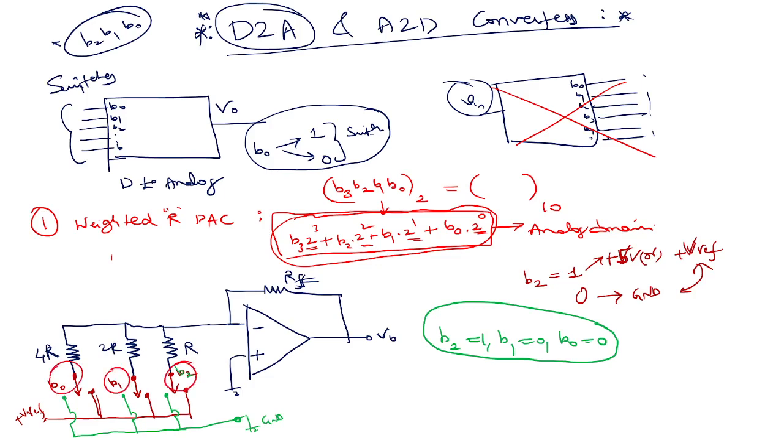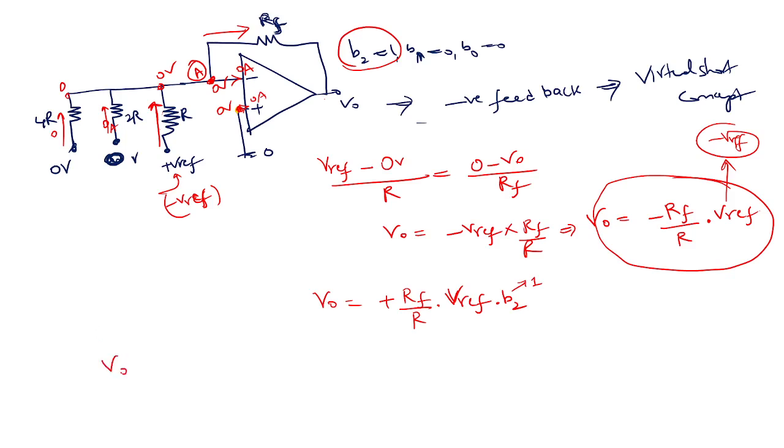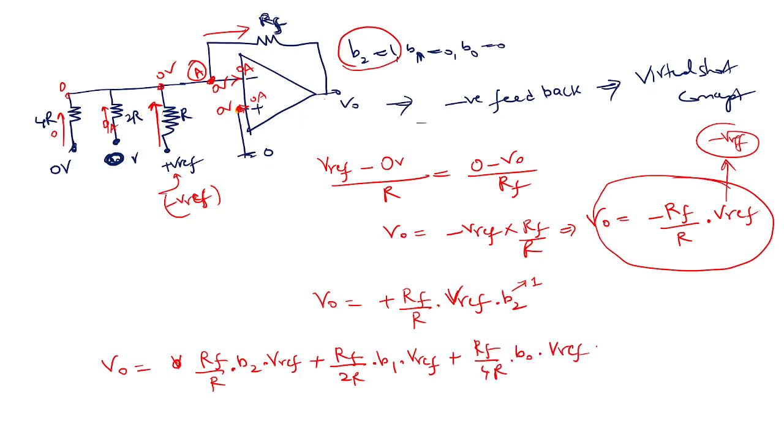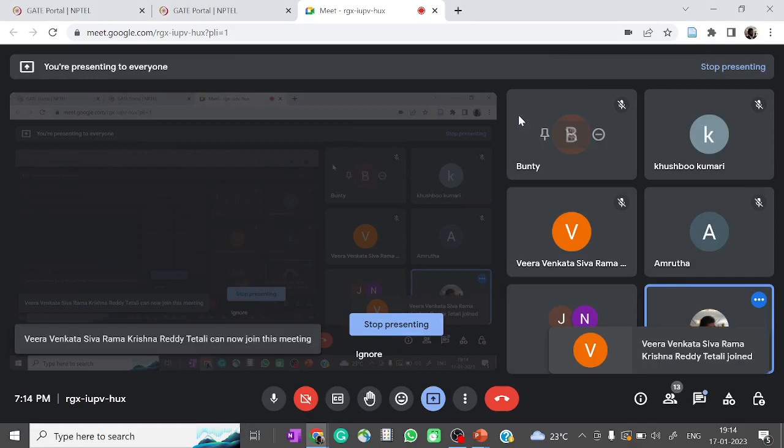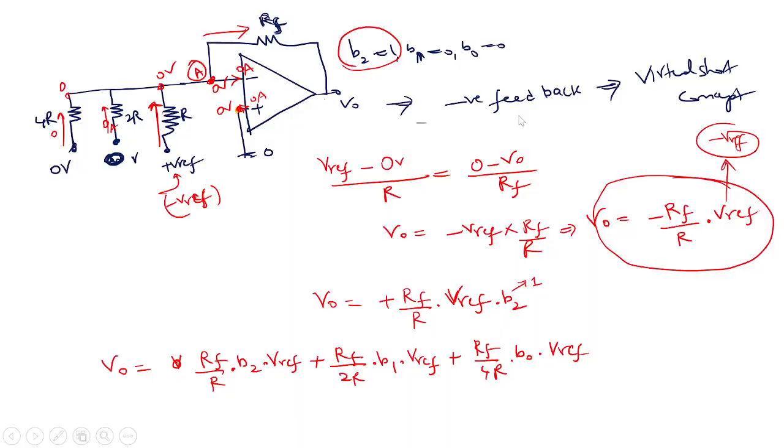So what will you get? We already know that, right? So V0 is Rf by R into B2 into V reference plus Rf by 2R into B1 into V reference plus Rf by 4R into B0 into V reference, right? Are you getting it?